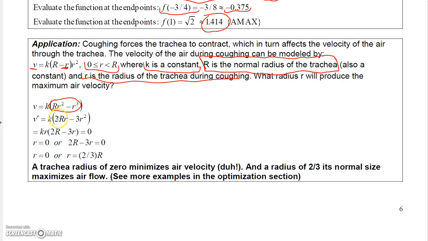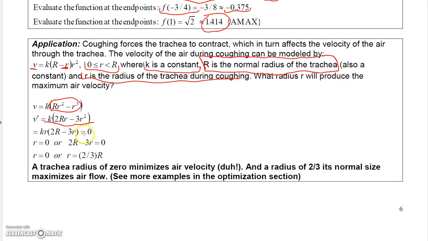It would just be 2r. And then we have this other constant, big R, so we have 2 big R times little r, and then minus r cubed. What's the derivative of r cubed? Remember, r is our variable, so we're differentiating with respect to it. That would be 3r squared. And then I just bring the constant down. So that's my derivative.